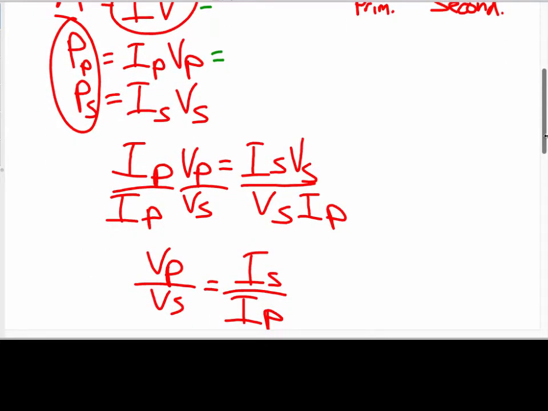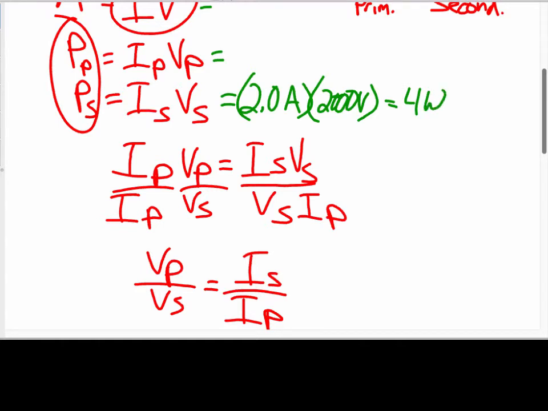So my secondary coil has a current of 2 amps, and the voltage on the secondary was 2,000 volts. If you do the math on that, it should be 4,000 watts. Is that right, guys?